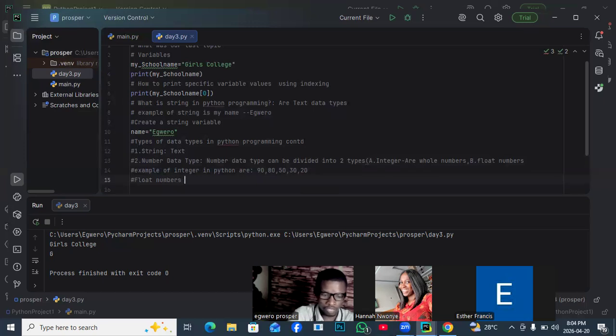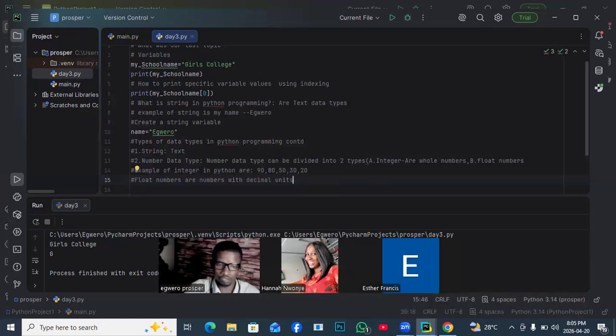Float numbers are numbers with decimal units. They are numbers with decimal units. I hope that is clear. Let me also get a response. Is that clear? Yes, sir.